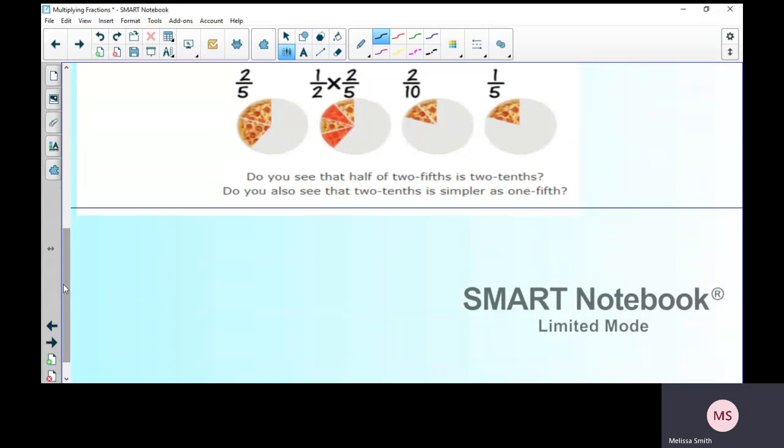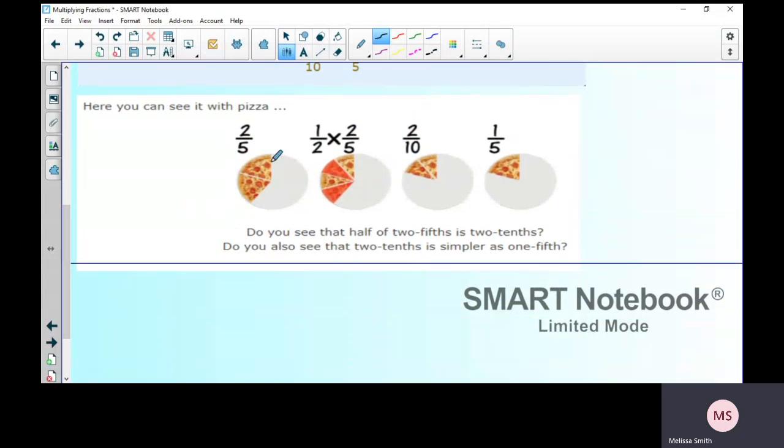So here we can see we have 2/5 of pizza, and 1/2 of that 2/5 is being taken. 1/2 of 2/5 is 2/10, which we can see is equivalent to 1/5. So that's what is happening when we're multiplying fractions.